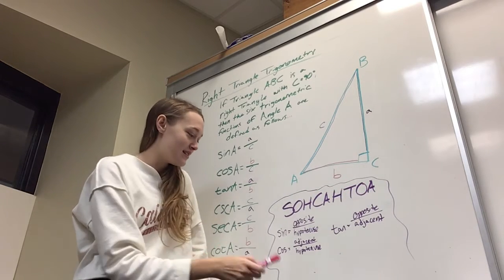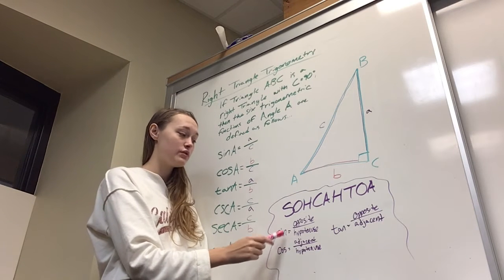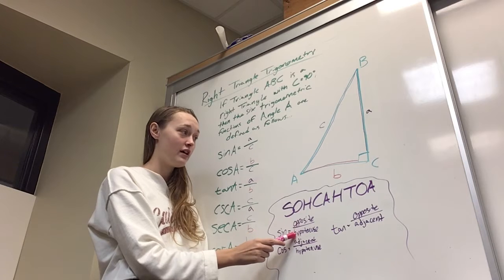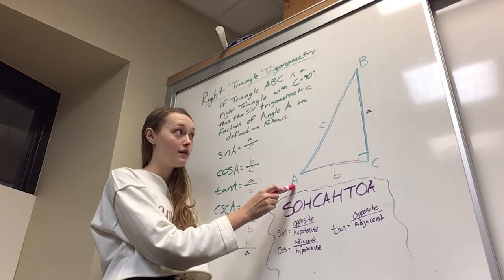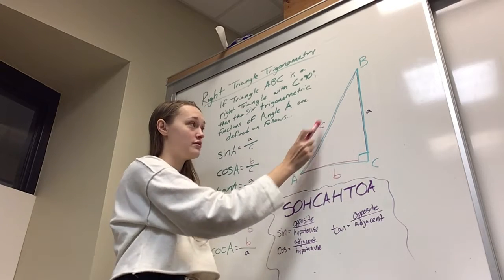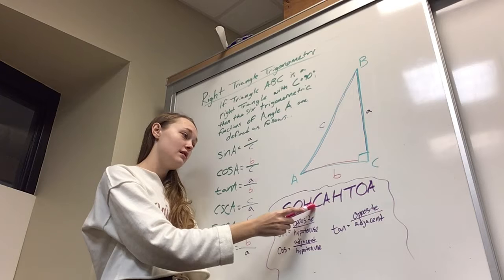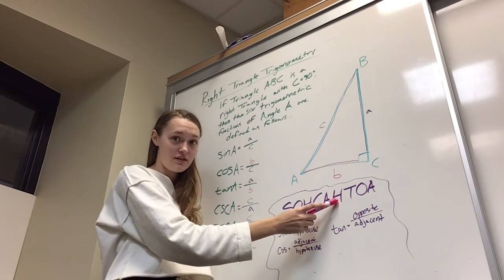And what that means is the sine of an angle is equal to the opposite side over the hypotenuse. So the sine of angle A would be equal to the side opposite of A and the hypotenuse, so A over C, which it is. And cosine is adjacent over hypotenuse, which is CAH.